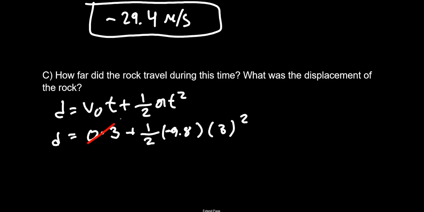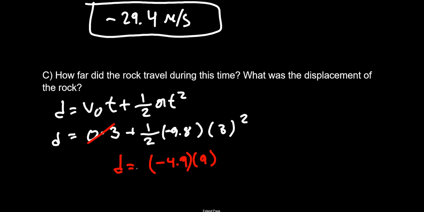Then we have 9.8 divided by 2, or times 1/2, and this is negative 4.9 times 9, which is going to equal our displacement.